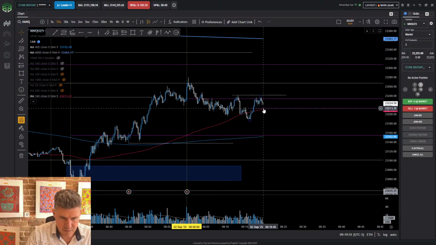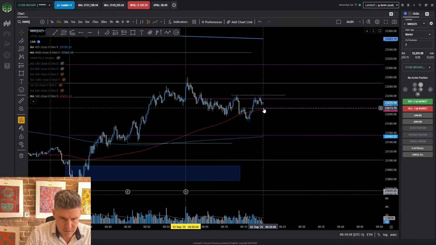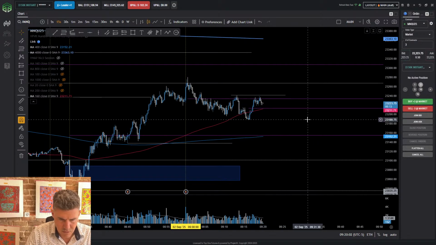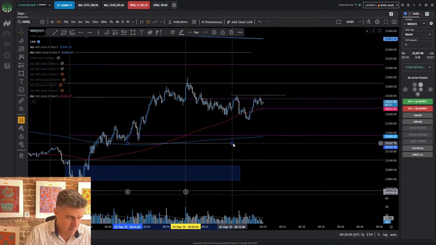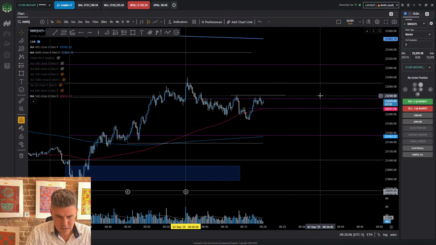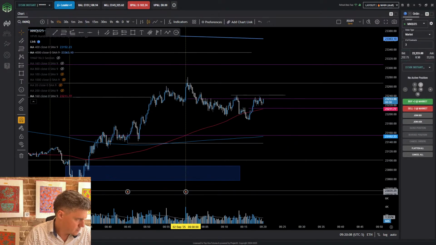Now 50 is lining up at this level nicely, and you have a draw above. Give me a clean pin off this level, then I will kind of be forced to take a long. Things looking like they want to bounce here.